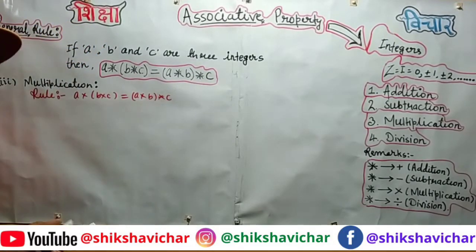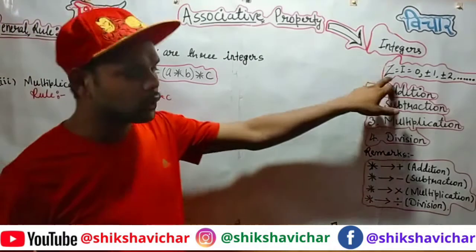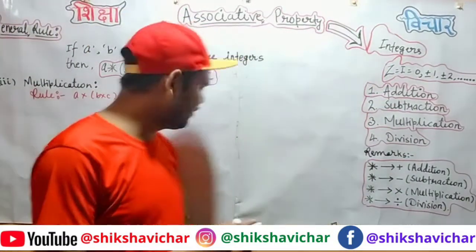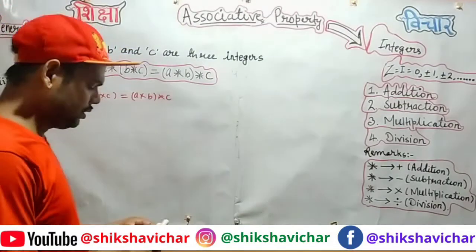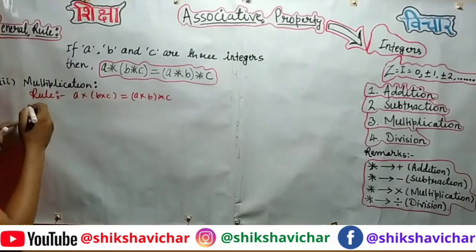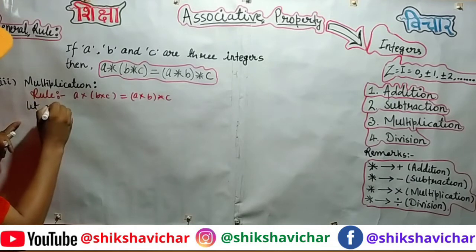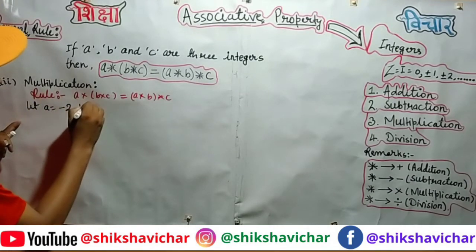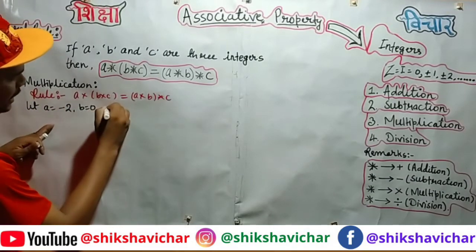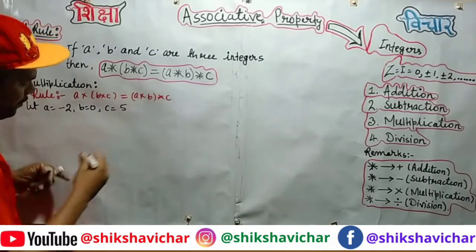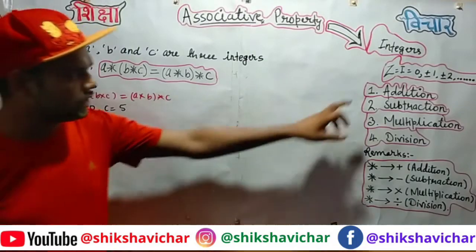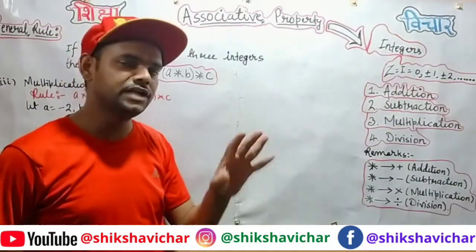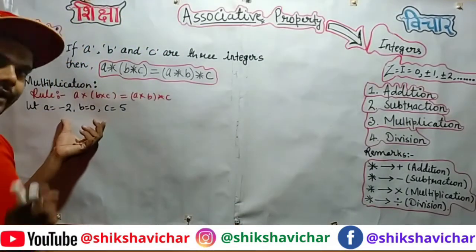Now we will take three numbers from the set Z called integers and check the verification of this result, whether it is equal or not. So let a = -2, b = 0 and c = 5. We can observe that these three numbers belong to the set Z called integers. That means all these numbers are integers.